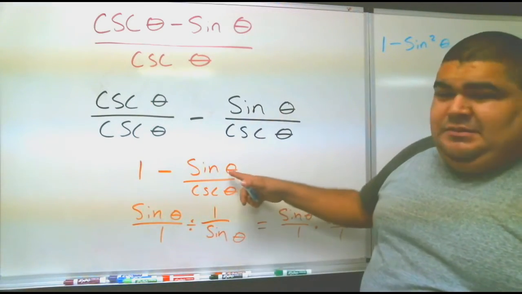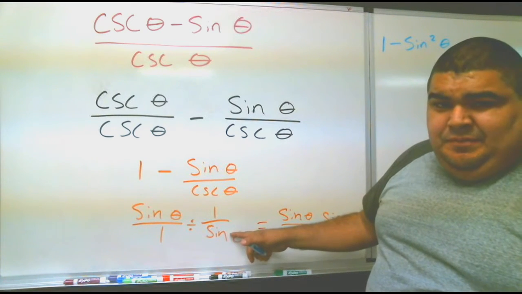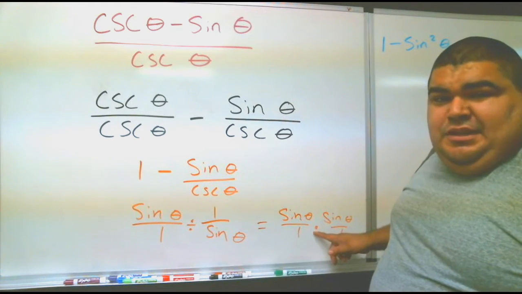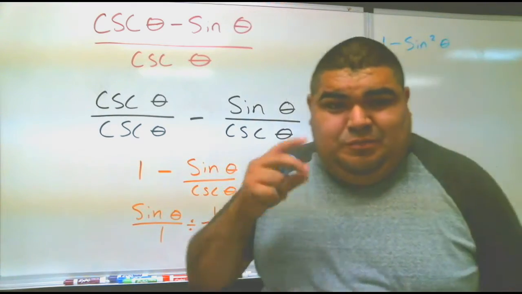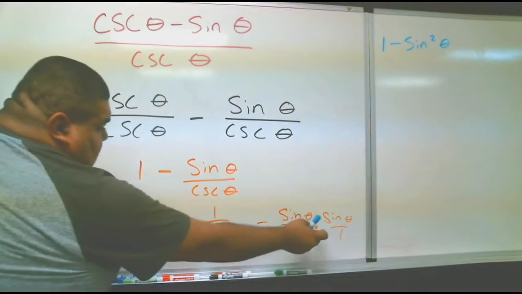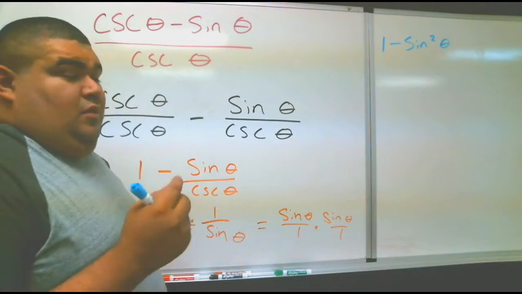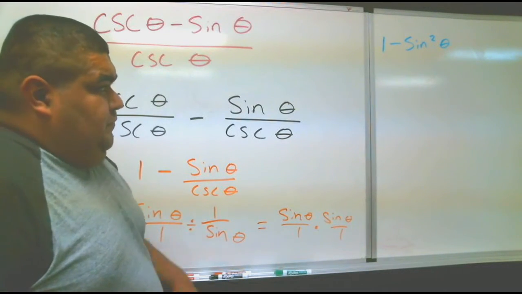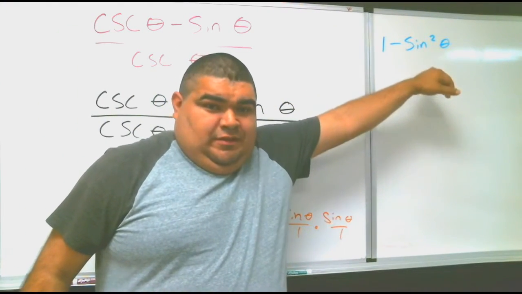This became sine over cosecant. Cosecant became 1 over sine. Since we have division, we ended up making a multiplication. Therefore, we flip the 1 over sine. Always flip your second problem. When it comes to division, convert it to multiplication. Remember, that's the rule for changing division into multiplication. Now that we have 1 minus sine squared theta.